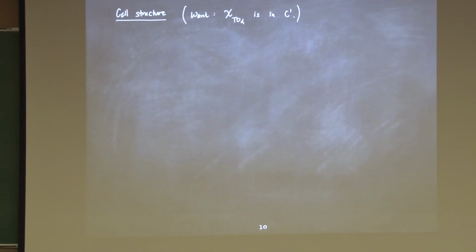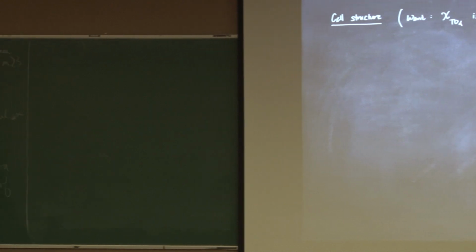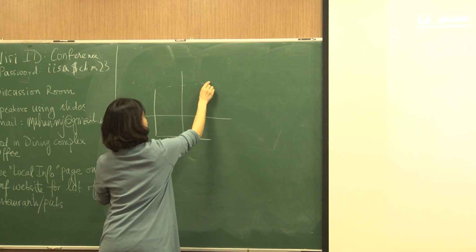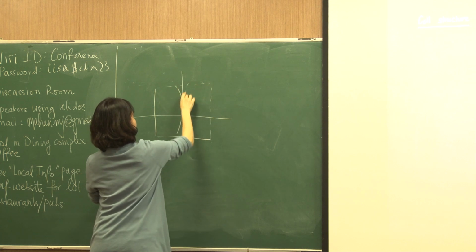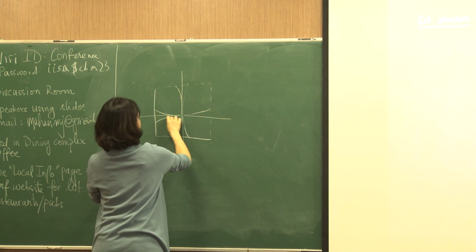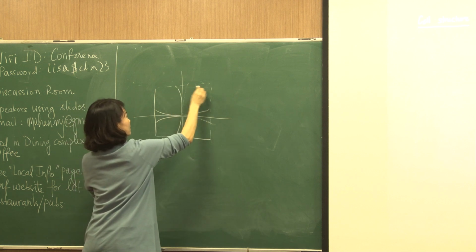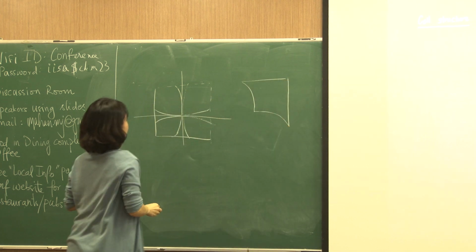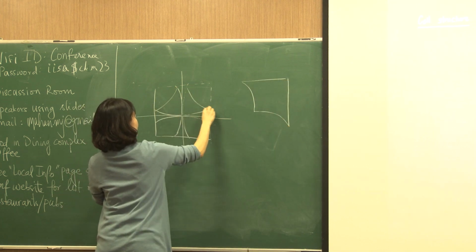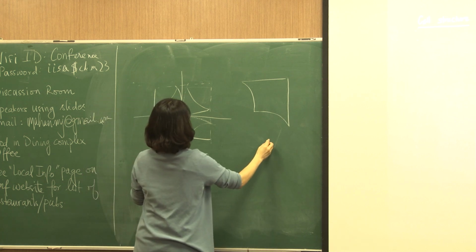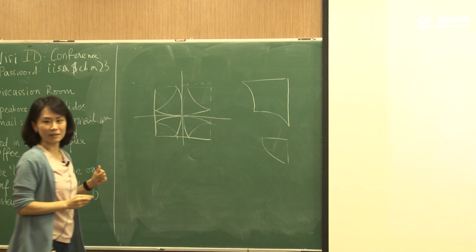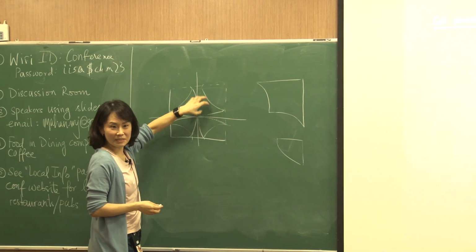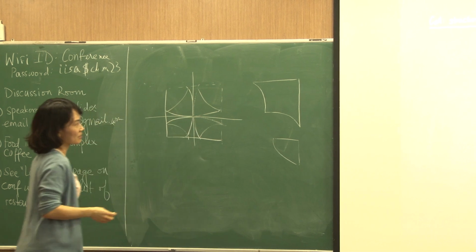If you do this for the small O alphas, you have this I here, and some of the T O alpha look like this, and some can also look like this, etc. You can guess that maybe it is a union of these pieces, and that's exactly what happens here.